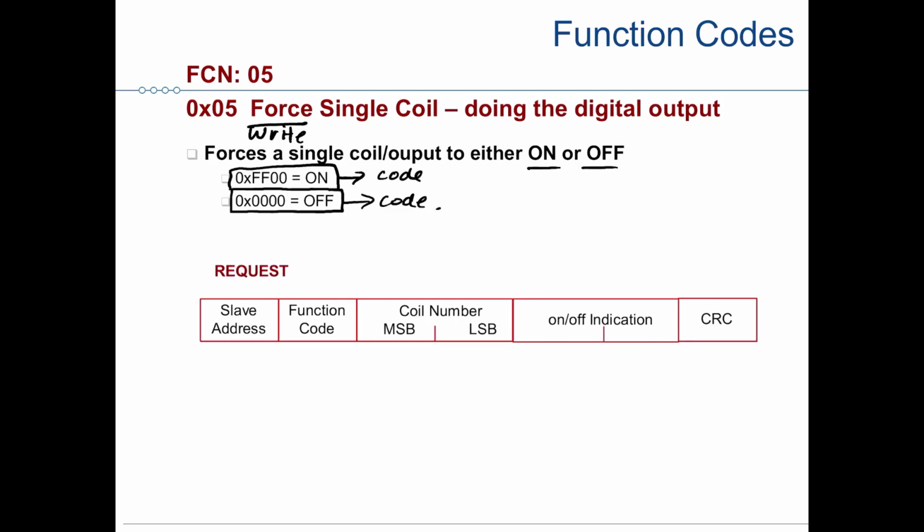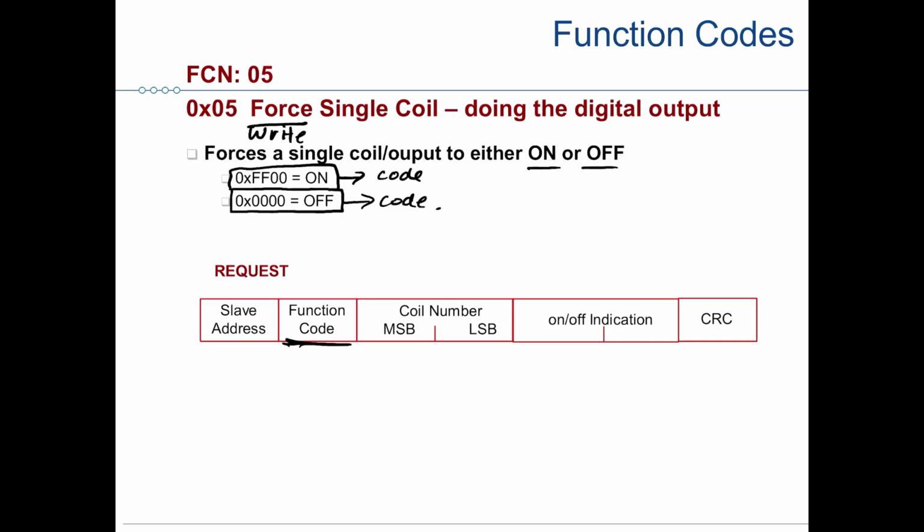So when we look at our handout, it indicates how the request is formatted. And of course, how would we determine that? By looking first of all at the function code, because the function code is where we're going to be able to look it up in our handout.